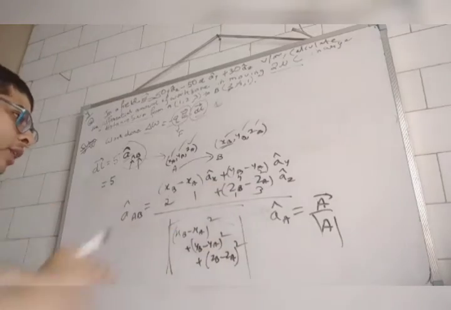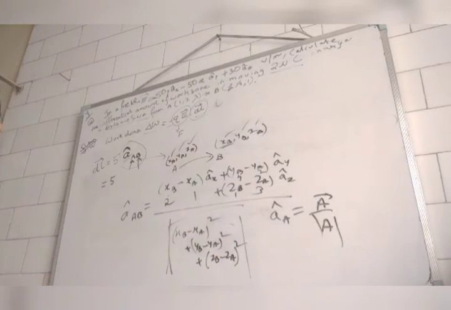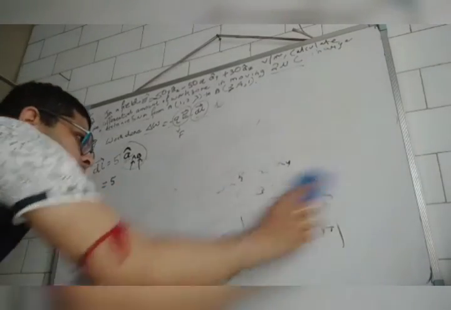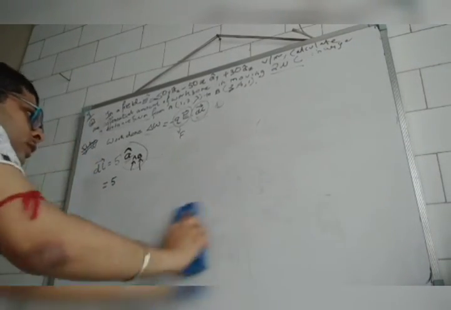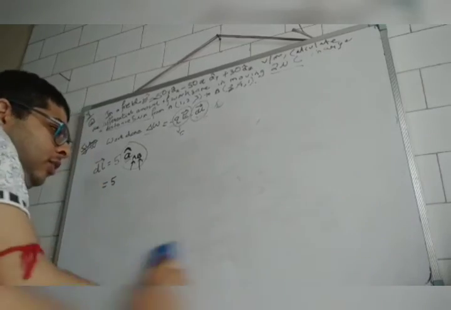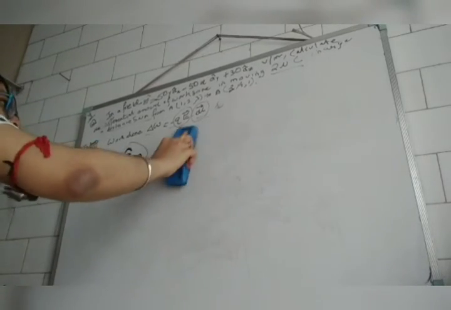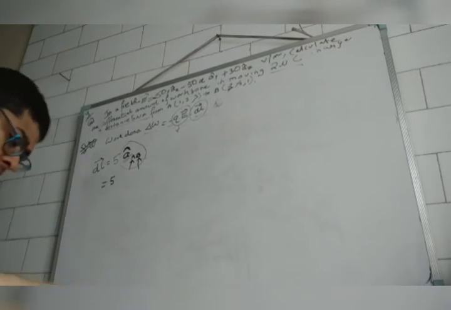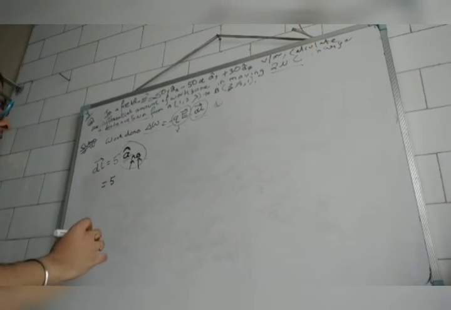Now you can easily calculate the unit vector. So let me write this. What I have discussed just now is how to calculate the unit vector given the 2 points.